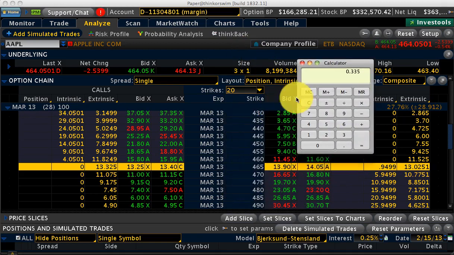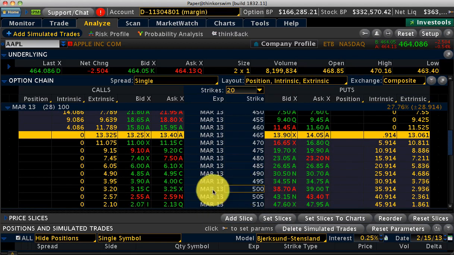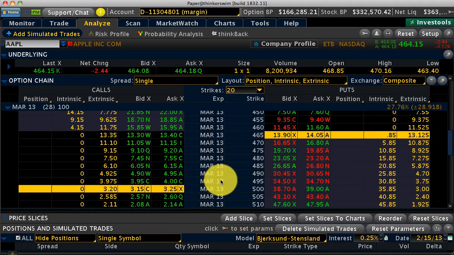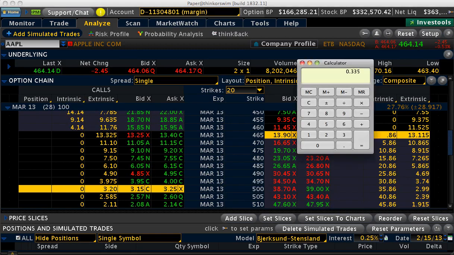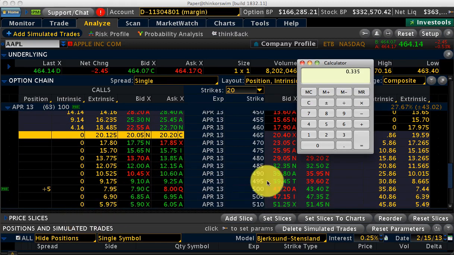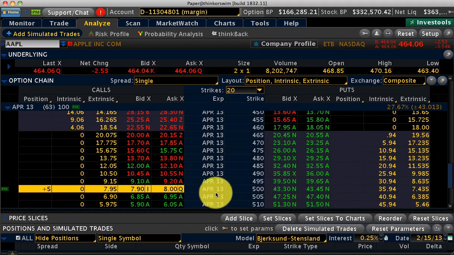Okay. Now what we want to do is I'm going to take an out of the money option. So let's look at the 500 call option. The 500 call is going for about $3.20 in the March series, and it's going for about $7.95 in the April series.